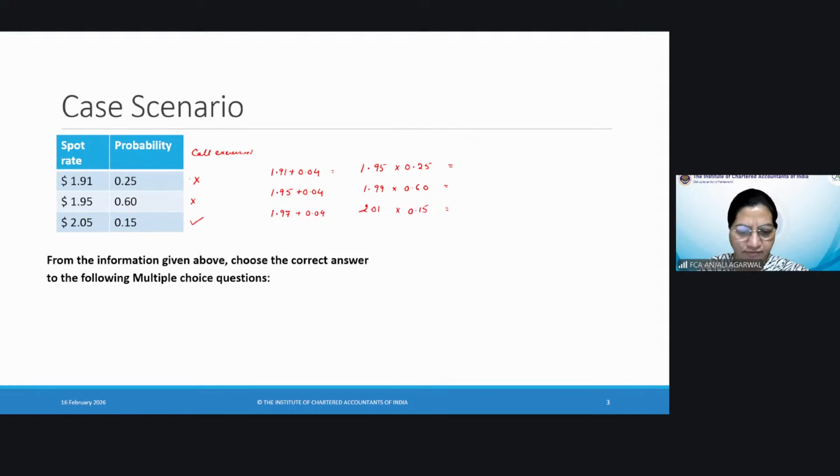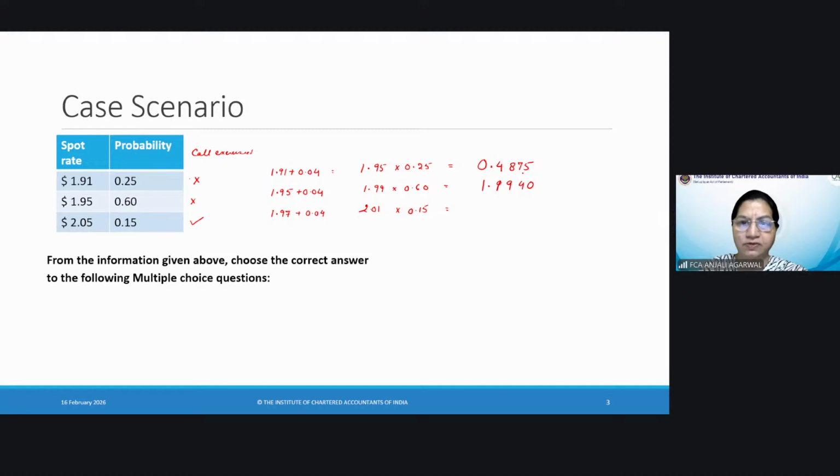So 1.95 into 0.25 is 0.4875. 1.99 into 0.6 is 1.194.